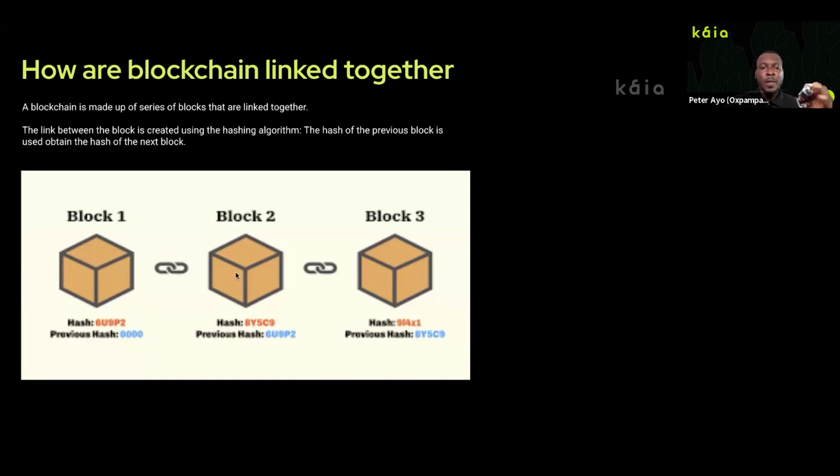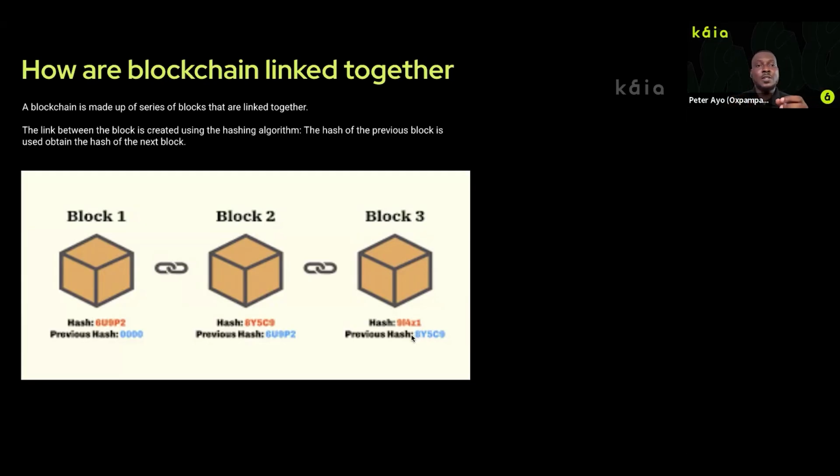Now block 2 has the previous hash of block 1, which is 6U9P2, as you can see. And block 3 has the previous hash of block 2, right? So this is how the blockchain is chained together.